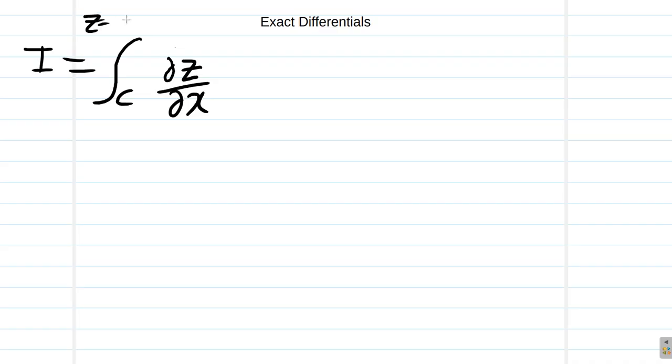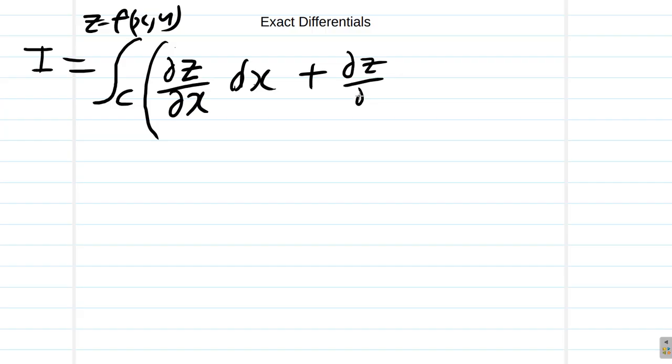Here, z is a function of x and y, alright? Partial derivative of z with respect to x dx. So you integrate this with respect to x plus partial derivative of z with respect to y, and just integrated with respect to y dy. Alright?